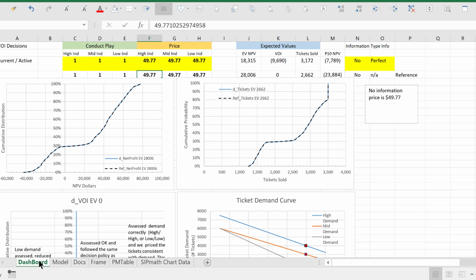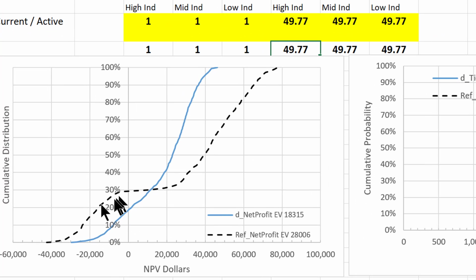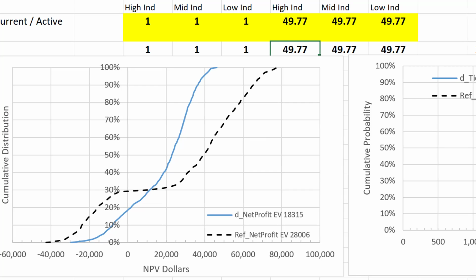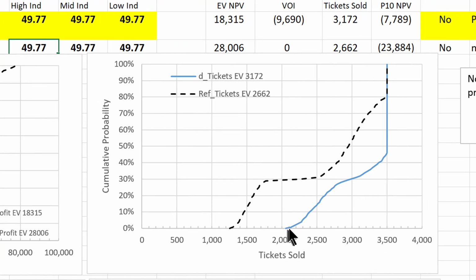Looking back here at the graph, here was going to turn out to be our reference case. And here is what it gets at $40. So we have less downside, but also less upside. And here you can see what happened to the tickets sold. We sold many more tickets. We sold out more than 50% of the time, whereas in this reference case, it was only 20%.